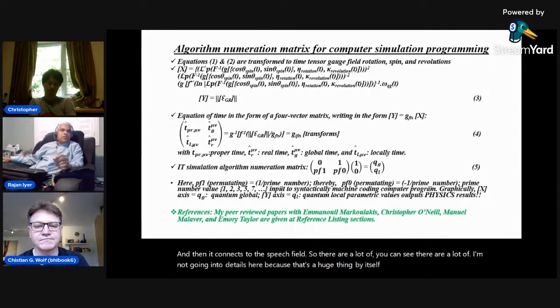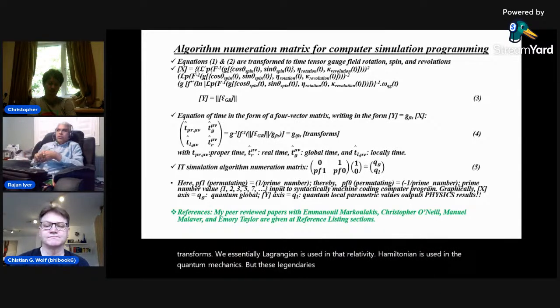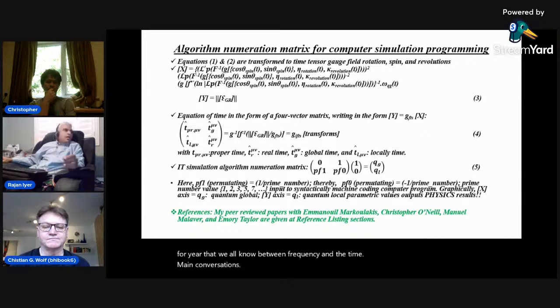Lagrangian is used in relativity, Hamiltonian is used in quantum mechanics, but this Legendre transform is not used, though it's a very useful thing, between space and time. Fourier, that we all know, converts between frequency and time domains.